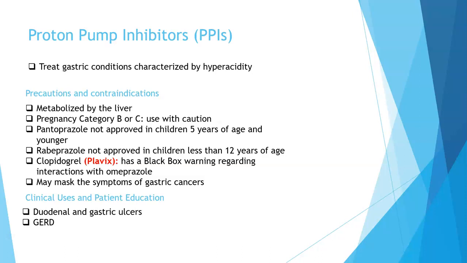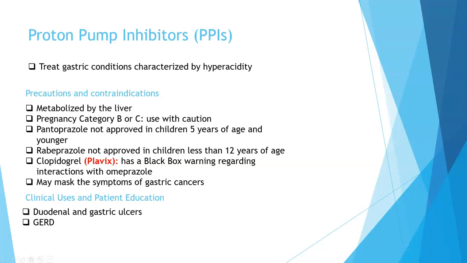When it's used for GERD, when you start practicing, you may see patients that have been on this for months, for years, but the approved use is for 8 weeks, and then the patient must be tapered off.